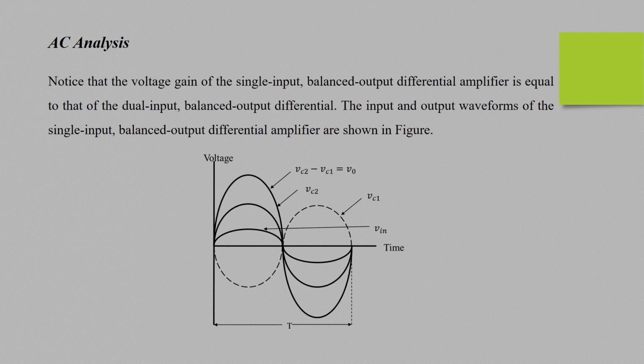As already discussed, the input and output waveforms of this amplifier show that Vin is in phase with Vout, which is Vc2 minus Vc1. So this is all about this configuration. In the next session, we will be talking of the single input unbalanced output configuration.